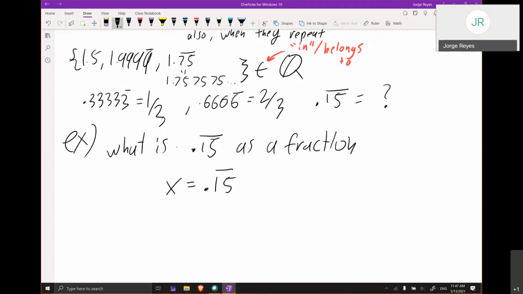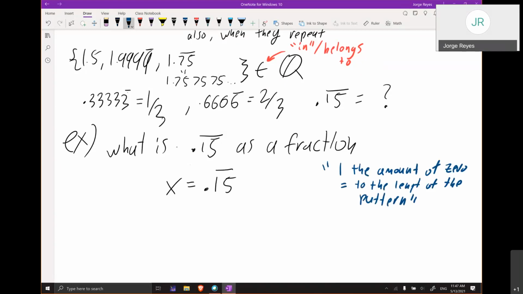Here I'm going to do a trick. Step 1 is I'm going to multiply by 1 followed by a number of zeros equal to the length of the pattern. What do I mean?